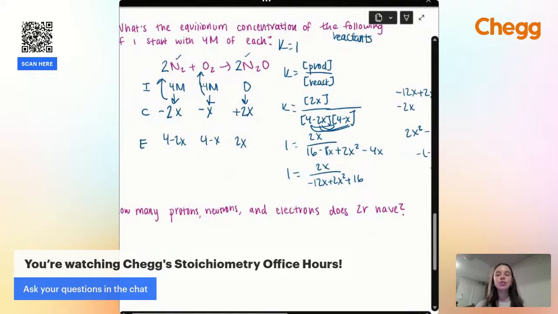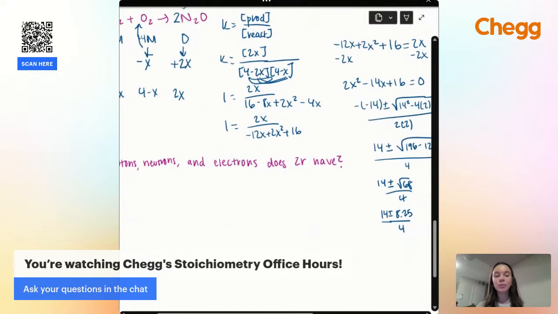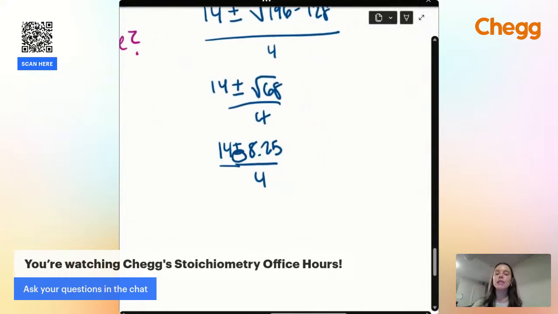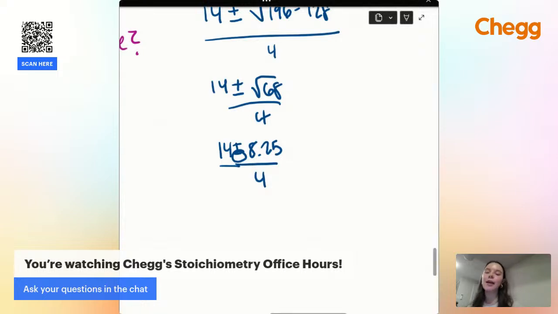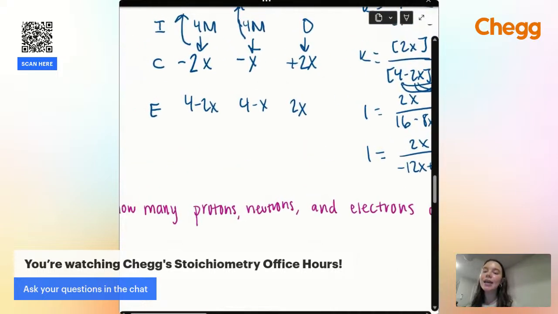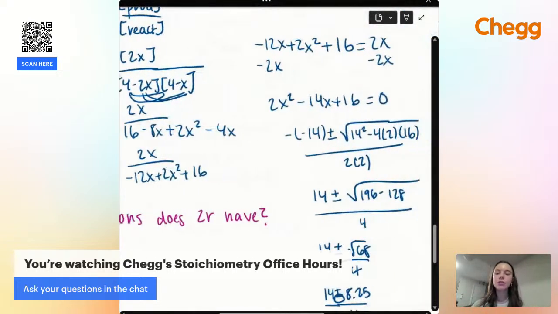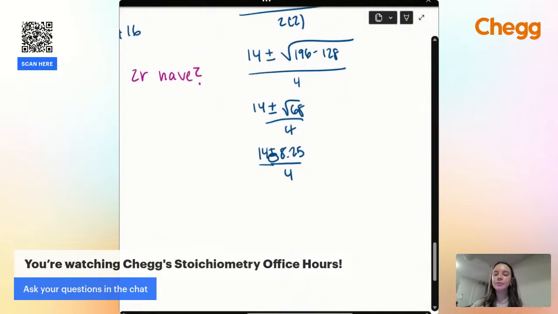So you have to choose the one that will give you a positive equilibrium molarity. If we do 14 plus 8.25 divided by 4, that's going to give us around 6, and 6 plugged in for x would give us a negative equilibrium concentration here and here. So we're going to choose that minus sign.